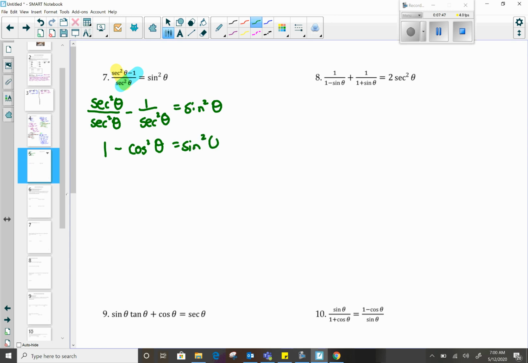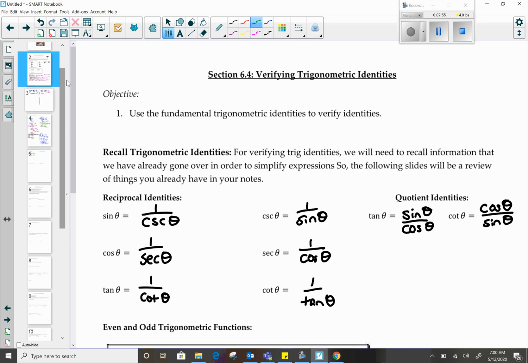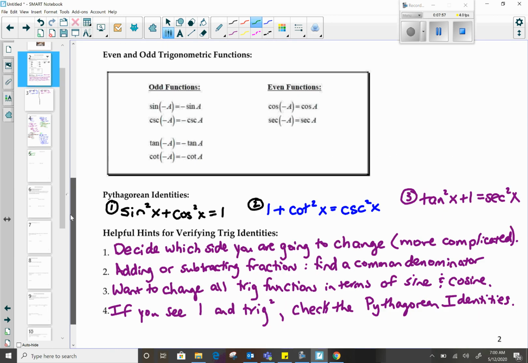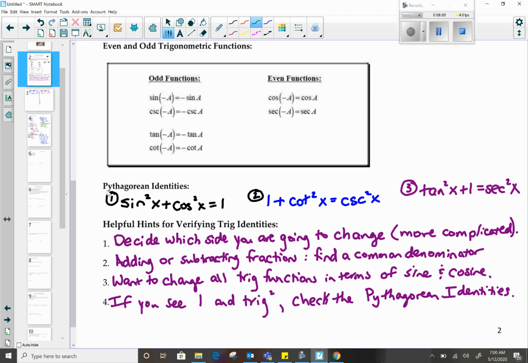Okay, and now look at this. We have trig functions that are squared with a 1. Okay, so cosine squared, sine squared. Let's see what we have here. And look at this. This is the original one. So sine squared plus cosine squared equals 1. Okay, so generally what I do, since it's equal to 1, is I'm going to replace the 1 with sine squared plus cosine squared, because that's what it's equal to.